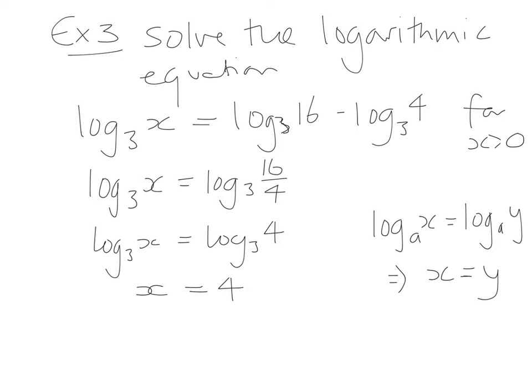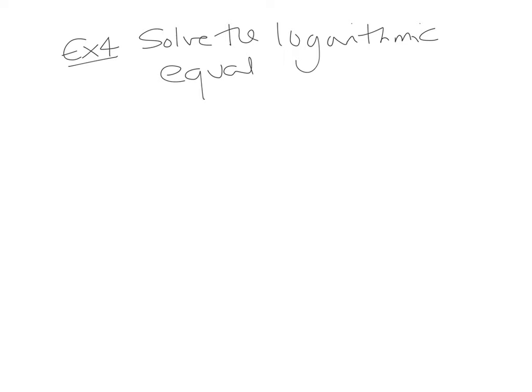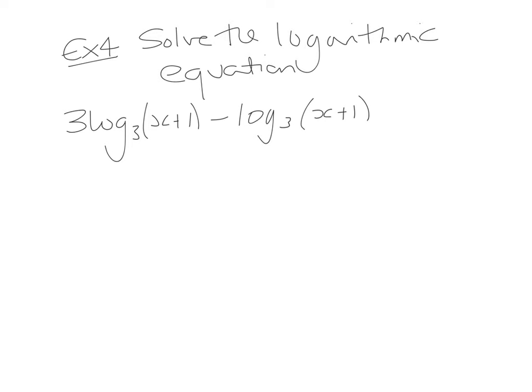One final example. Example 4. Solve the logarithmic equation: 3 log to the base 3 of x plus 1, minus log to the base 3 of x plus 1 squared, equal to log to the base 3 of 4, and again x is greater than 0.